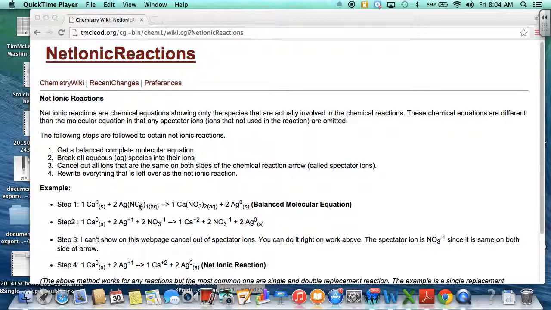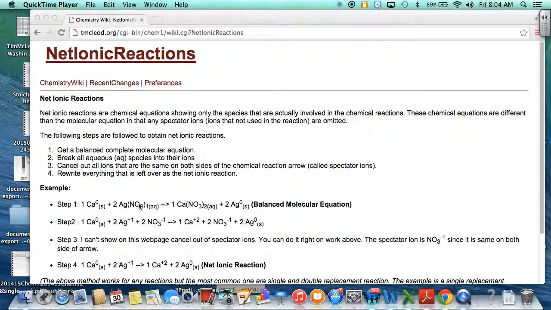Now silver nitrate, since it's aqueous, there is no silver nitrate in a solution of silver nitrate. It's made up of ions, silver ions, Ag1 plus. And again, I apologize. Hopefully by the time you see this, I'll have changed it from +1 to 1 plus, because charges are supposed to have the signs after the numbers, not before.